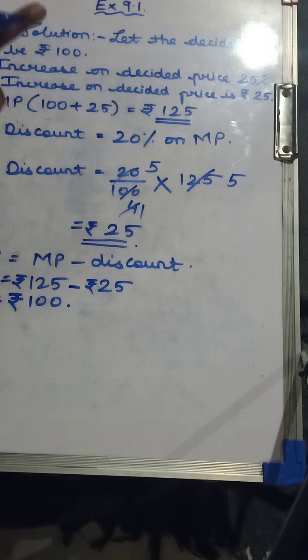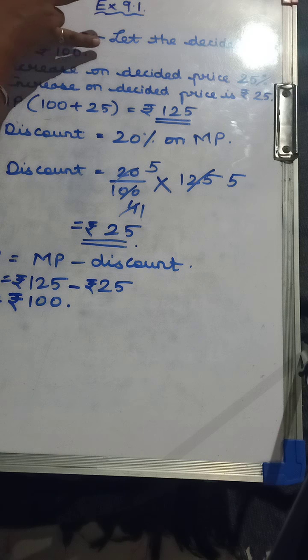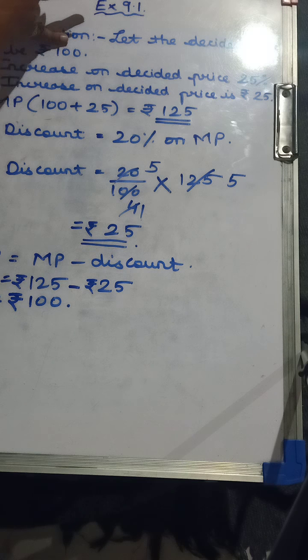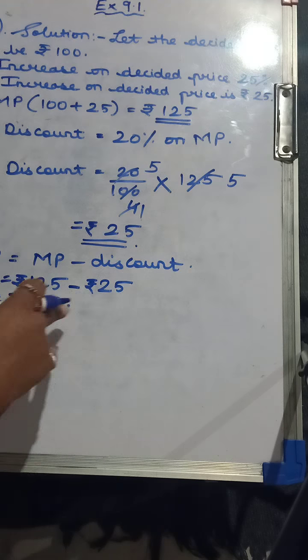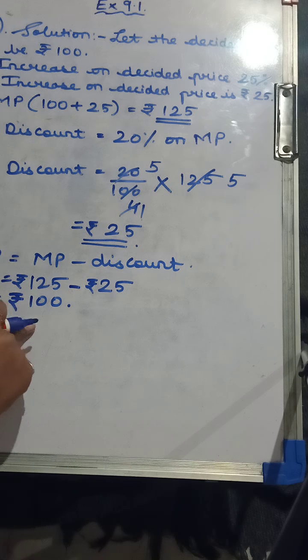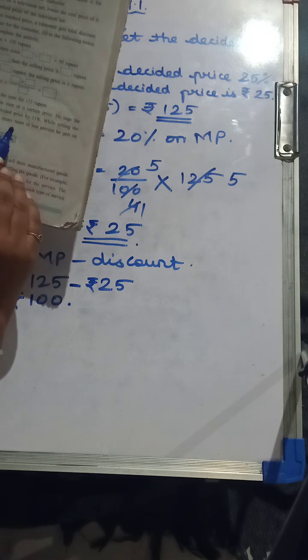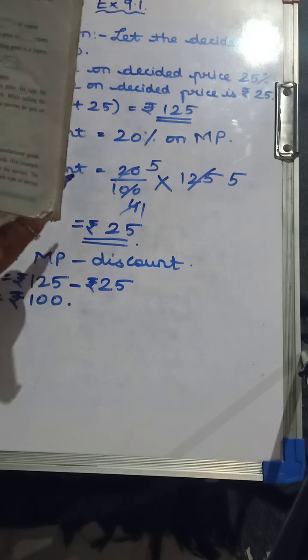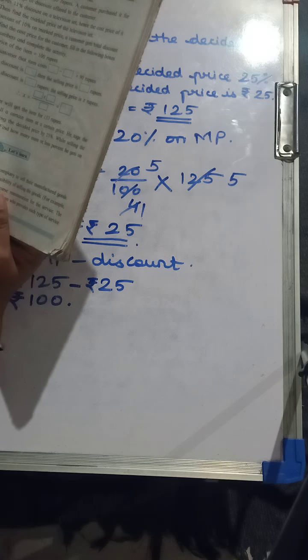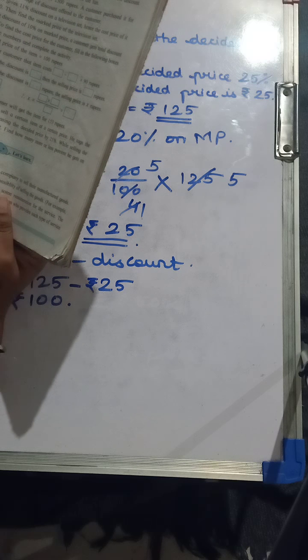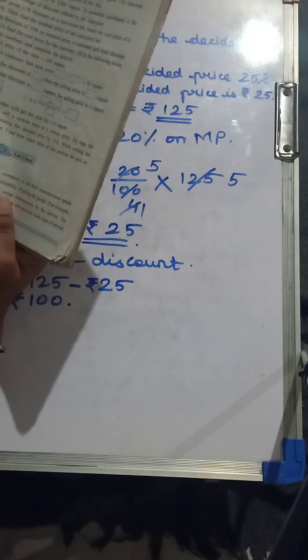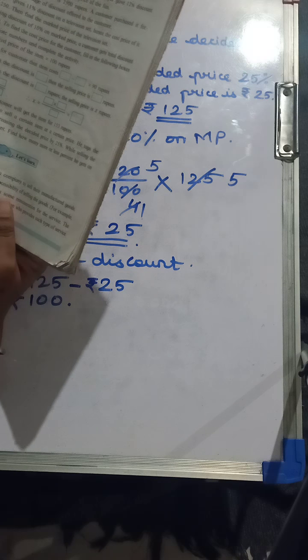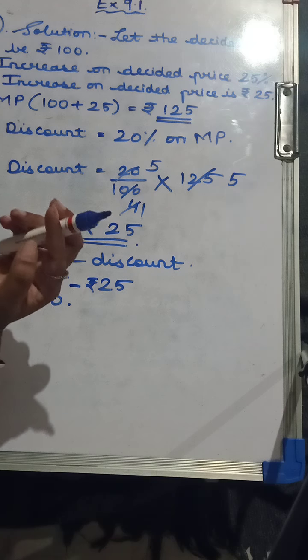Okay. Now see, what we had assumed the price would be, the price comes the same. So here it didn't increase, it didn't decrease. The question was to find how many more or less percent he gets on the decided price. So here he gets neither more nor less, because it did not change, it remained the same.